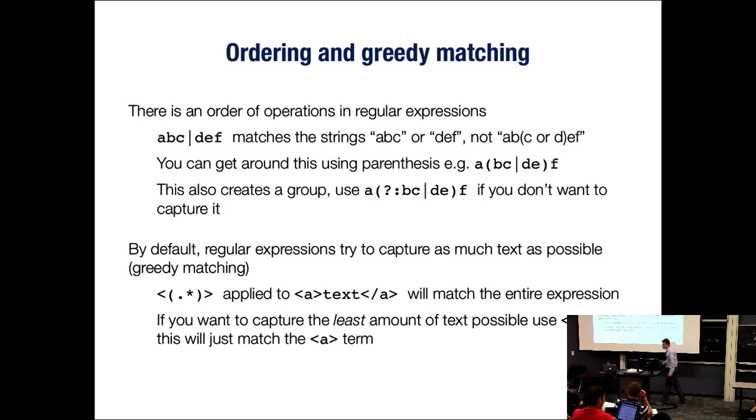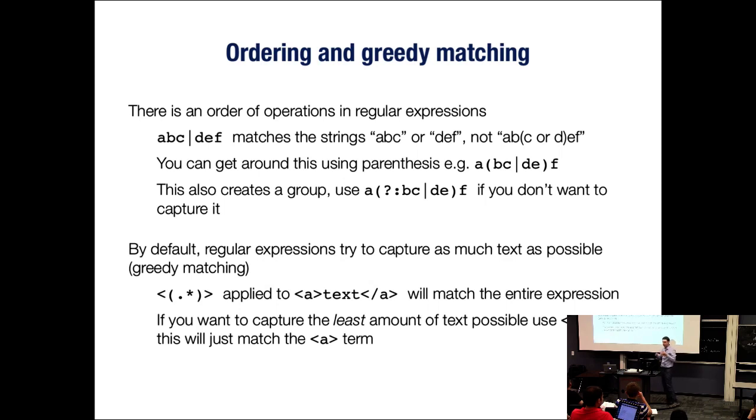OK, so the last two things I'll say: there is an order of operations in regular expressions. One thing I haven't mentioned yet, but which is also defined, is this bar notation for match this expression or this expression. If I have something like ABC or DEF, that means the strings ABC or DEF, not AB, C or D, and then EF.